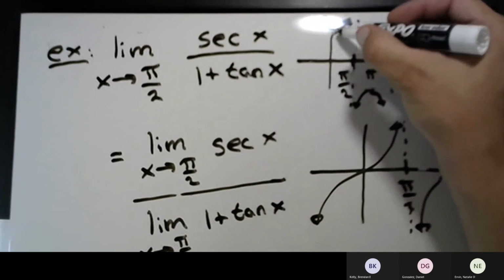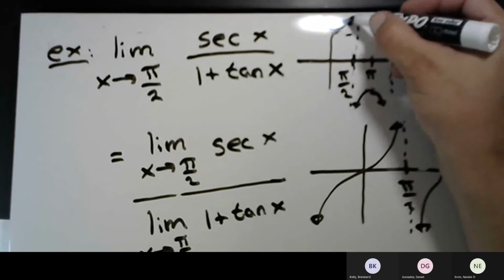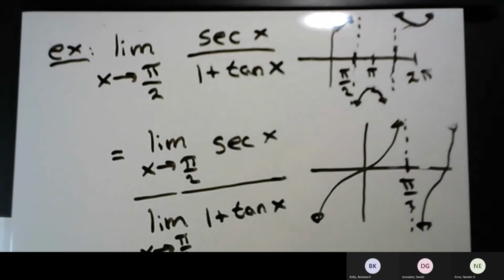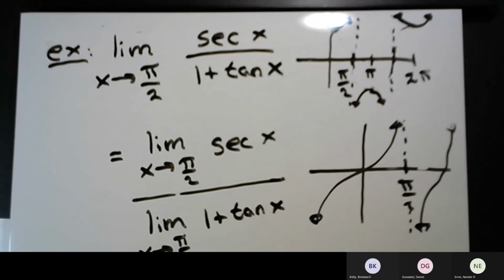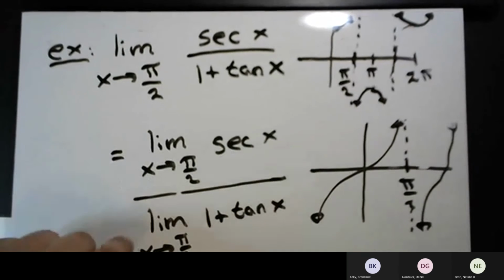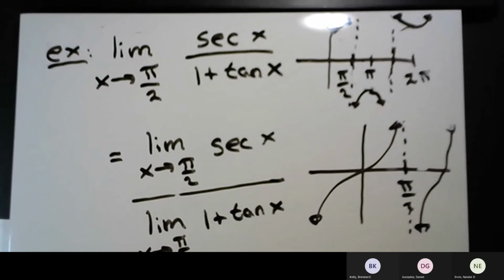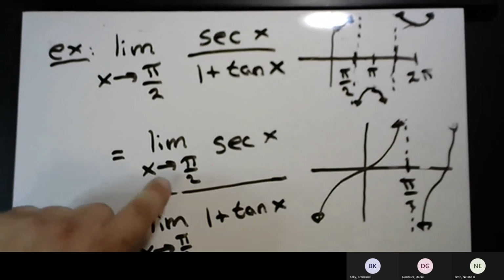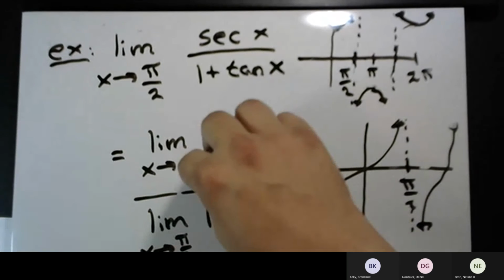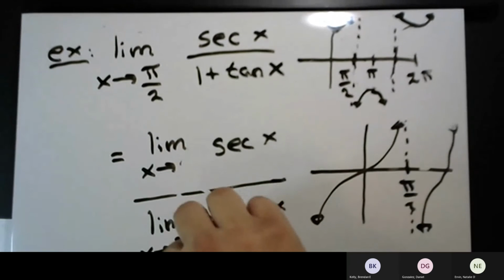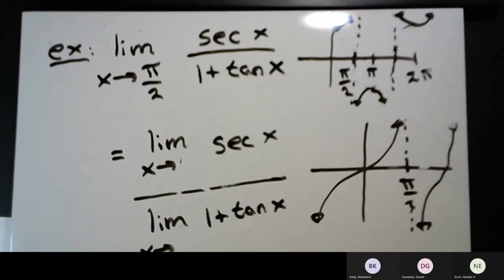If we're approaching from the negative side of pi over 2, we're going to get positive infinity. So this notation is a little bit problematic because here you don't have a two-sided limit. It is going to matter which side you approach.